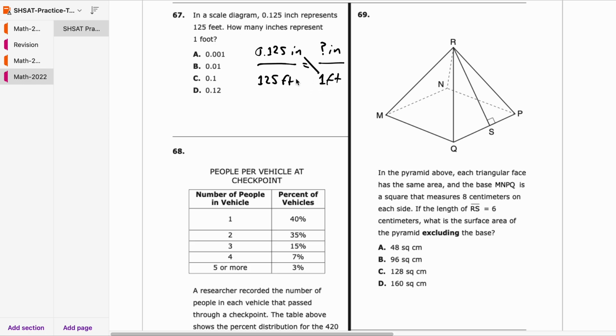So we're going to cross multiply and solve for that question mark. So 0.125 times 1 is just 0.125, and then we have to divide by that 125.